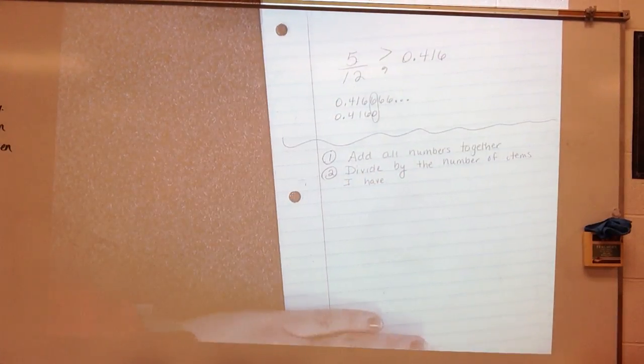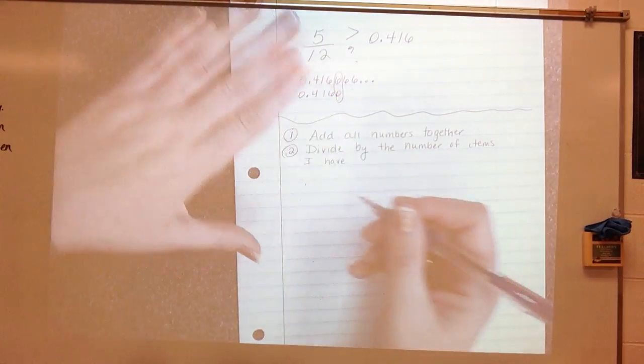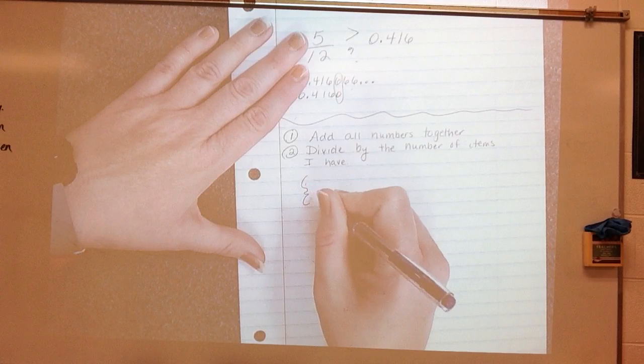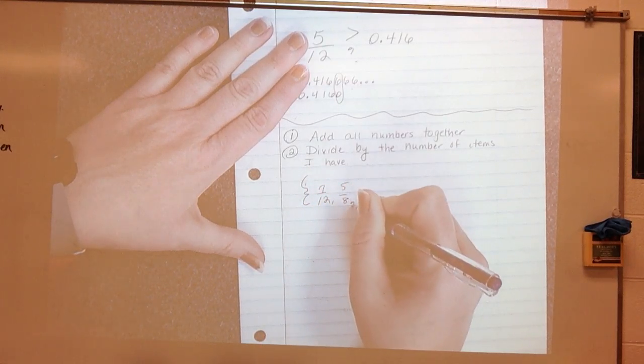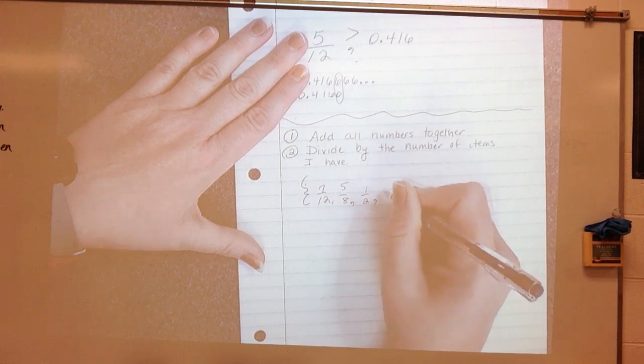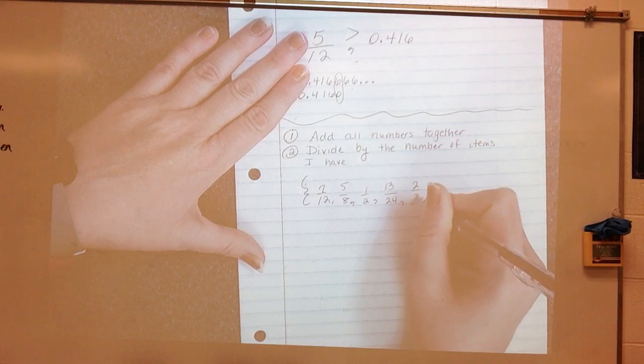So, like I said, I'm going to give you one of the more difficult problems. So let's say that I have this set of numbers: 7/12, 5/8, 1/2, 13/24, and 2/3.